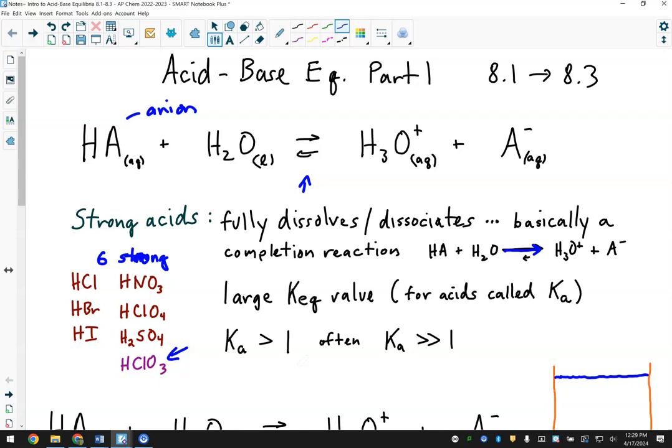So chloric acid, which is HClO3, sometimes is included as strong because it does have a Ka greater than 1, but it's not nearly as high as the Kas for all those other acids. So bottom line, the ones you see in maroon font up there are definitely the 6 strong acids that everyone agrees upon. And every once in a while, people include chloric acid. Okay?